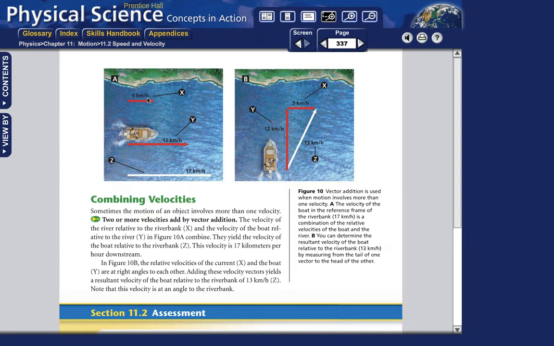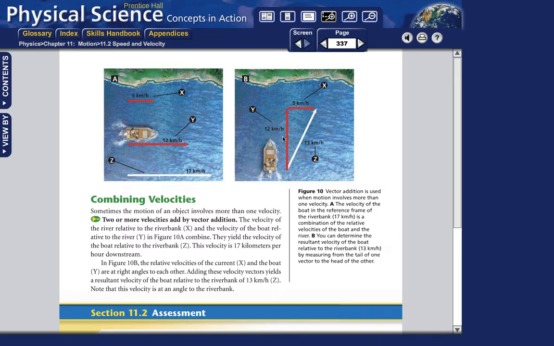The river is going 5 kilometers per hour, and this boat is going 12 kilometers per hour. So you have to add those, combining velocity. 5 plus 12 is 17. And if you actually use a ruler and measure this and measure this, it equals this. So 5 plus 12 is 17.